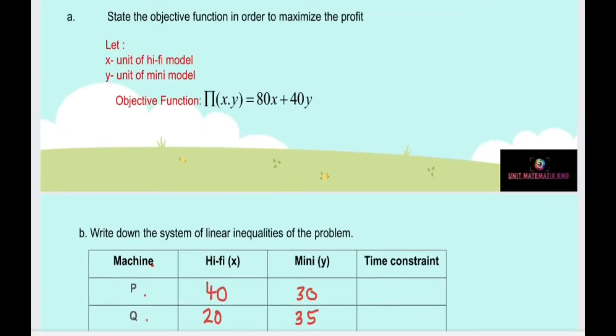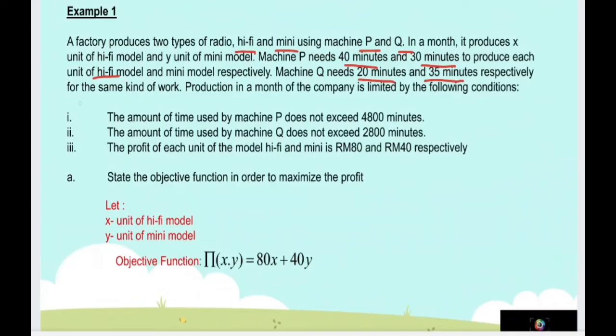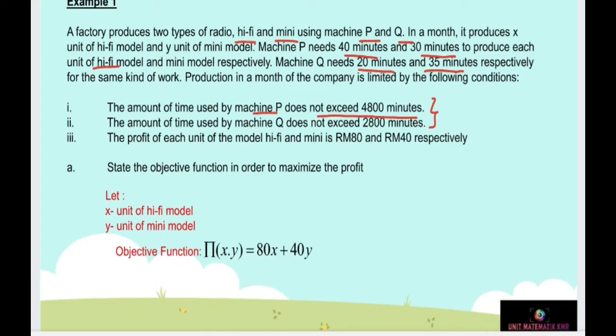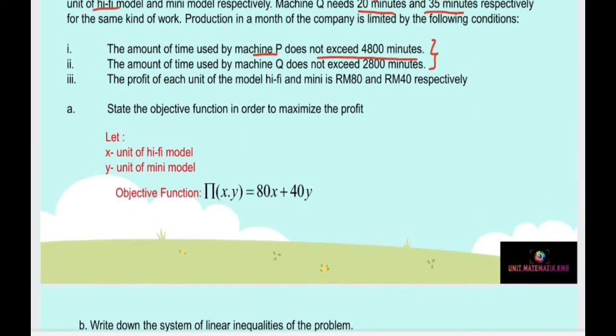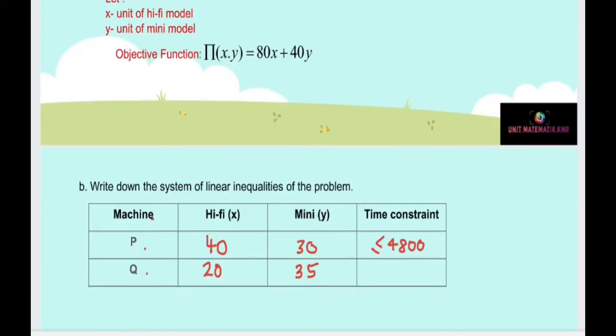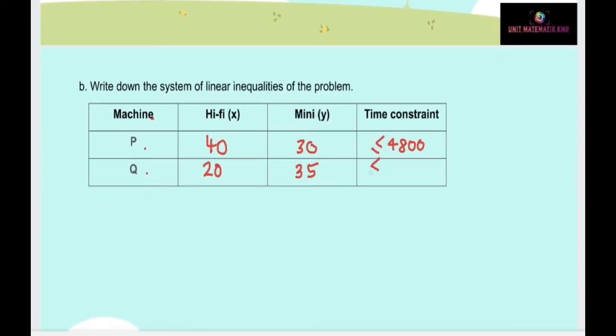And then the time constraint we get from this condition. The amount of time used by machine P does not exceed 4800, meaning less than or equal to 4800, and machine Q does not exceed 2800 minutes, so less than or equal to 2800.